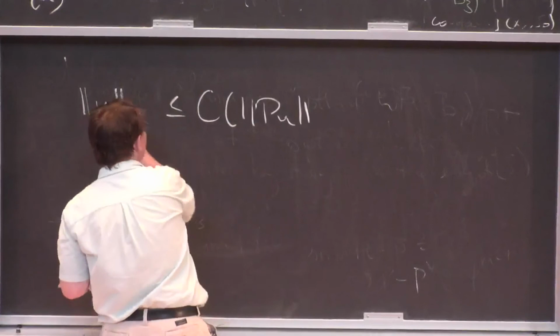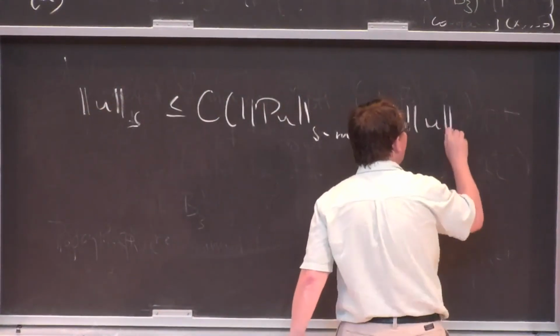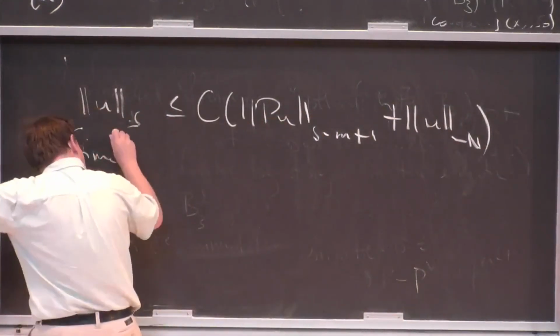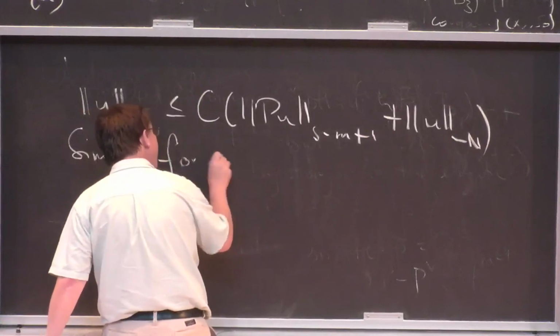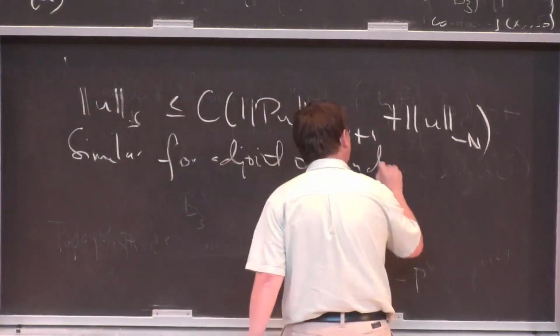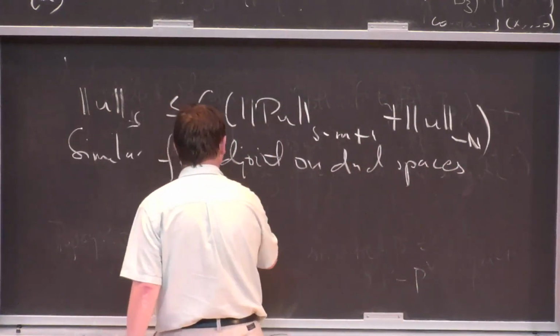I'm just going to call it S, minus n. And similarly for the adjoint, on dual spaces, that's important. On dual spaces, and so the upshot will be Fredholm theory.